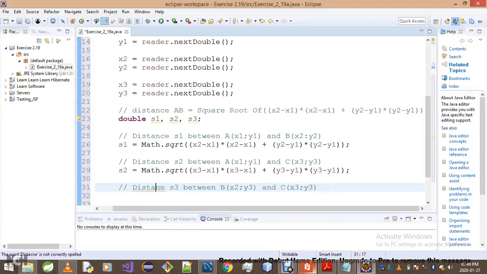The distance S3 between B and C is, I don't have to put the word is because this is nothing else but a comment.